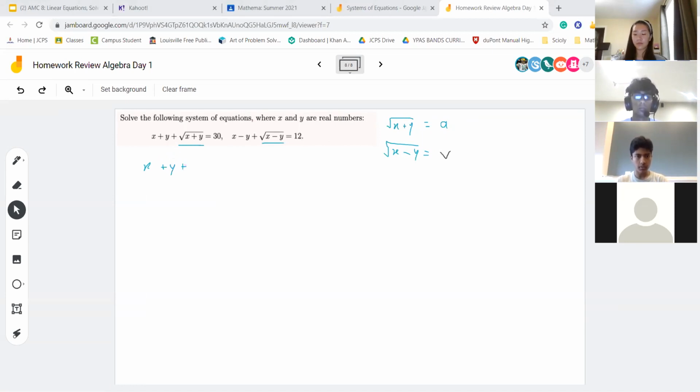I think I know a better way to do this. Oh no, you're doing it right. Oh yeah, okay. So now we have X plus Y, so the square root of X plus Y is A. That means that X plus Y is just A squared, right? So now we have A squared plus A equals 30.